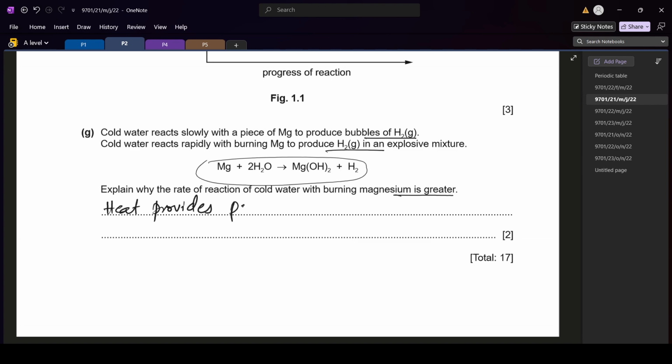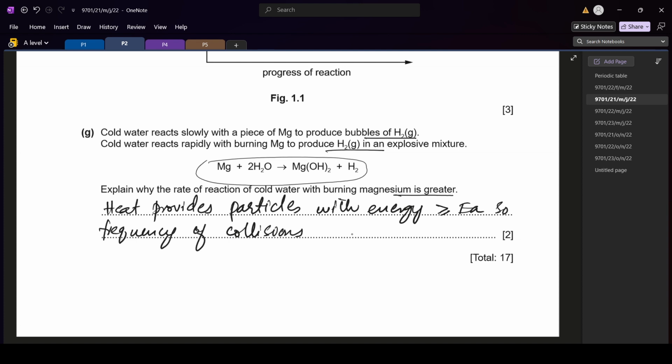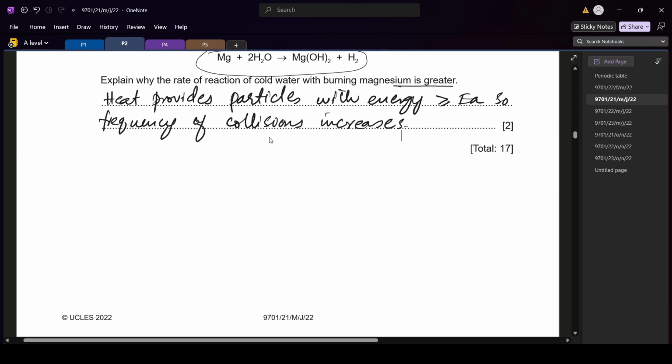Heat provides particles with energy greater than or equal to activation energy, so the frequency of collisions increases. Or you can write successful collisions increase. This will also be right.